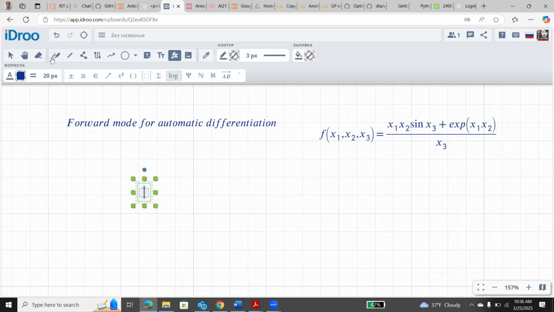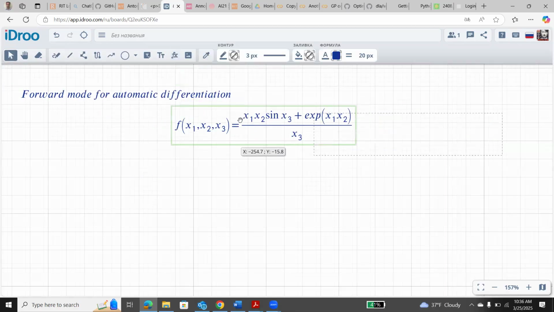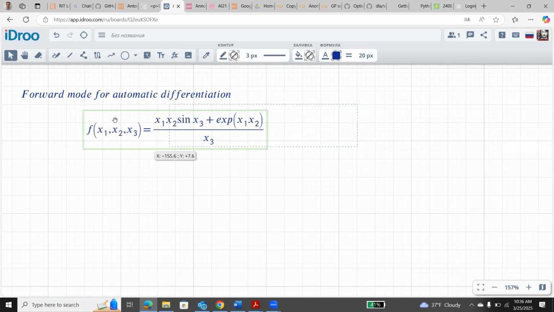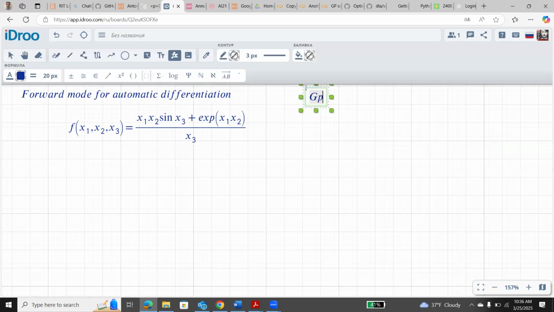And our goal is to calculate the derivatives of f with respect to x1, to x2, and to x3. And the vector of derivatives is called the gradient.